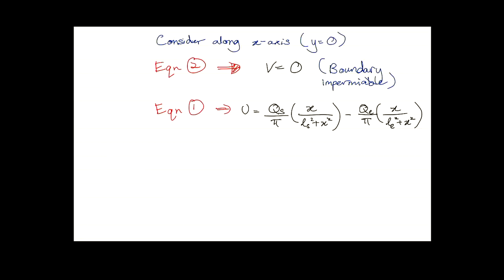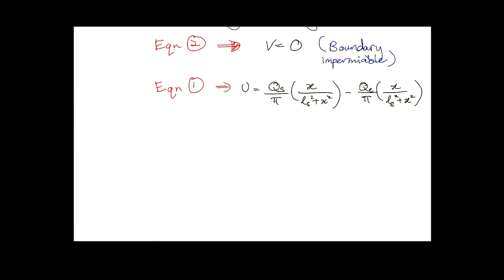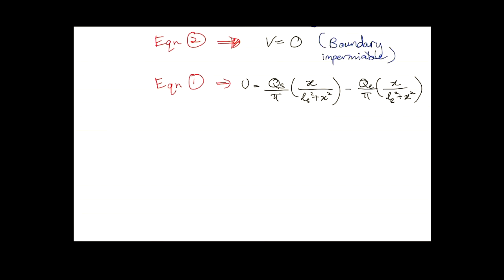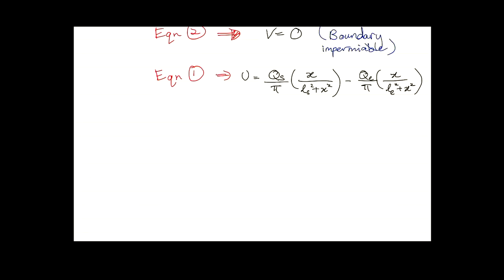And my stagnation point is when my velocity u and v is equal to 0. Right? So I'm going to set my velocity u to be equal to 0.